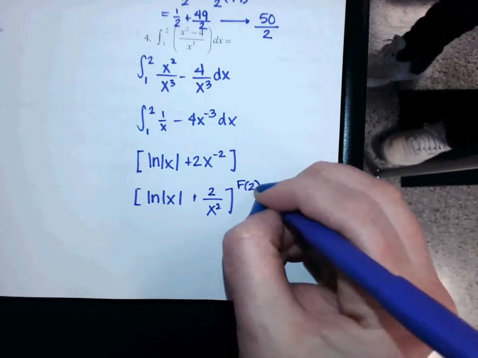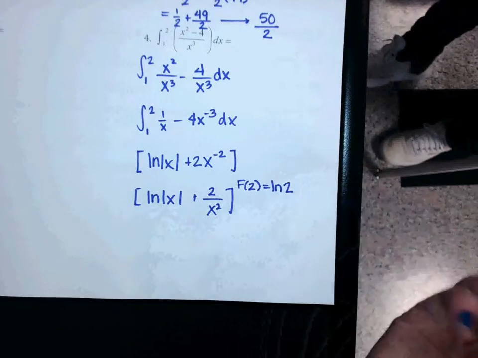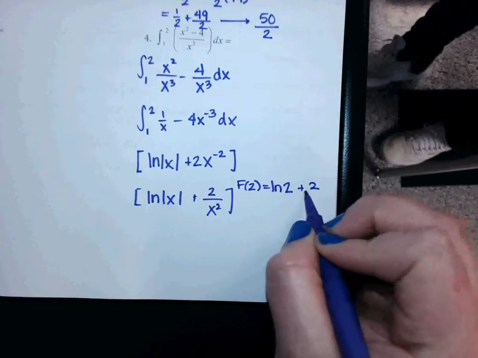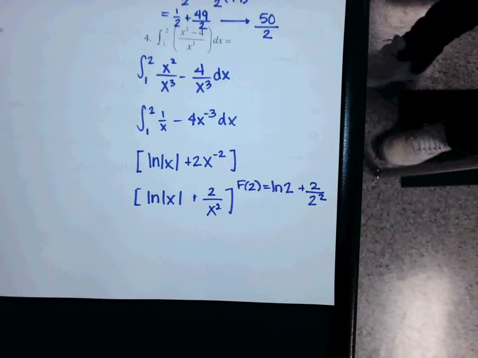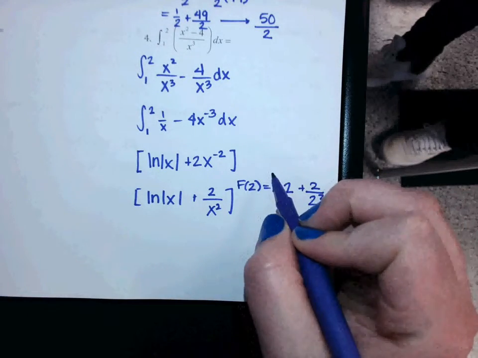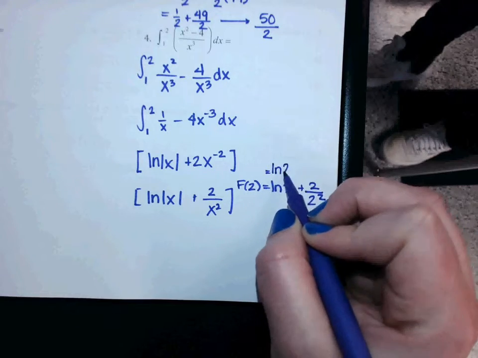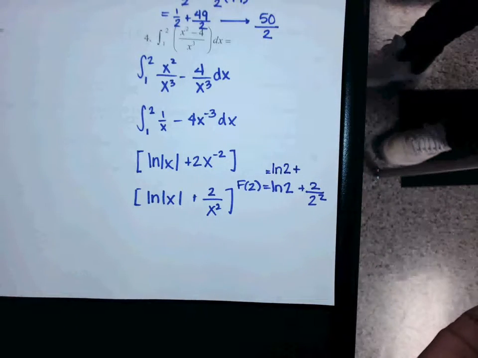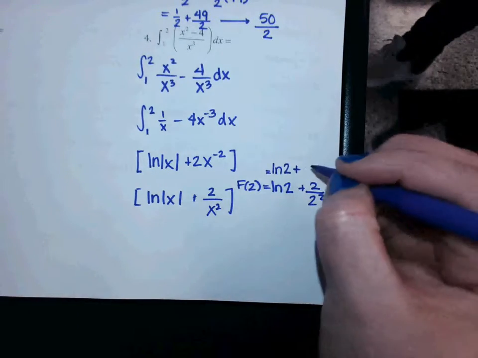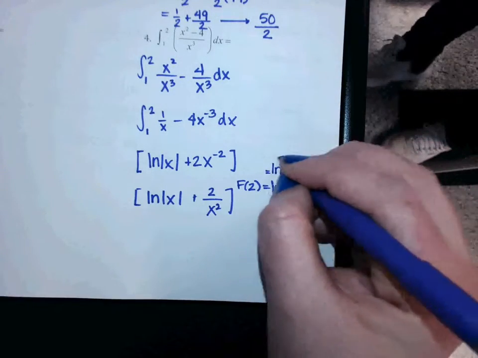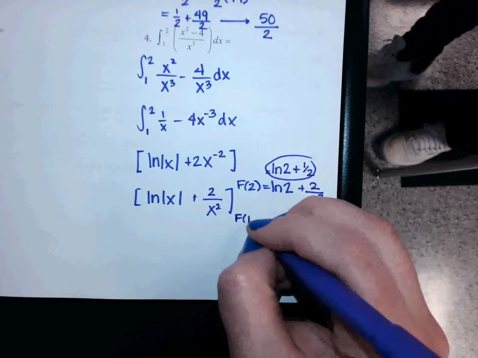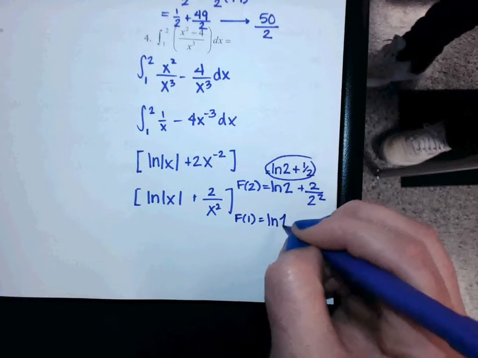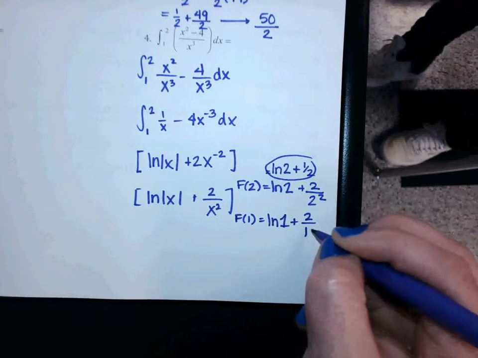Okay? Then from there, I'm plugging in 2 and 1. Capital F of 2 is going to be the ln of 2 plus 2 over 2 squared. So that would be, I'm going to write it directly above it, the ln of 2 plus what? What is 2 over 2 squared the same as? A half. Very good. Okay, then on the bottom, capital F of 1 is the ln of 1 plus 2 over 1 squared.